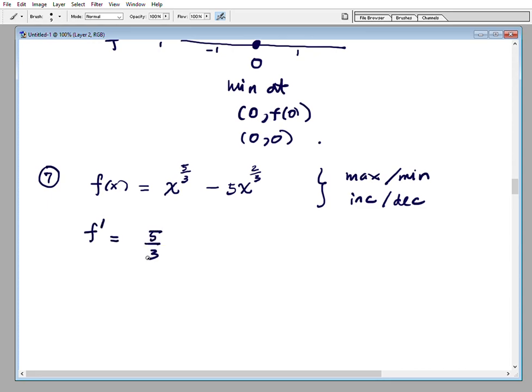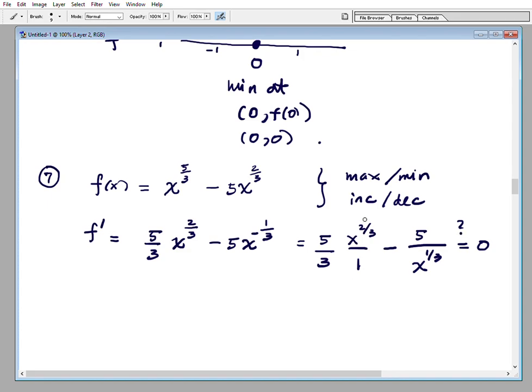5/3 x, subtract 3/3, so here we're left with 2/3. Minus 5x, subtract 3/3, here's the negative 1 coming in. Let's write this as x to the 2/3 over 1, and here we'll put the x to the 1/3 in the denominator. Now we want to find when this is 0.